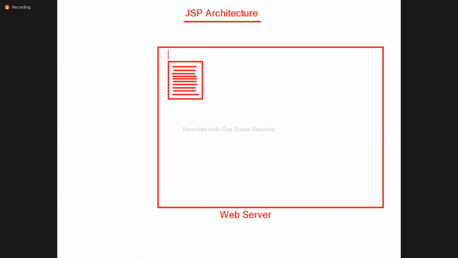So a file name, demo.jsp. You'll write the demo.jsp program. Now there is no compilation, nothing. It's like an HTML program type. Write, deploy, that's it. Then you can send the request.